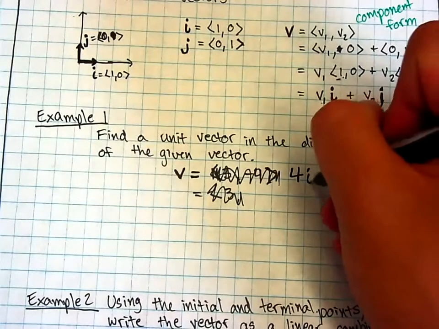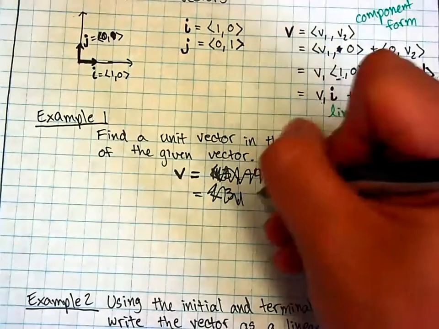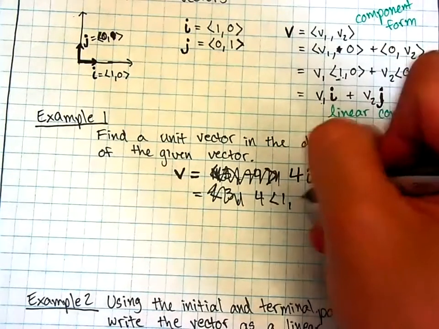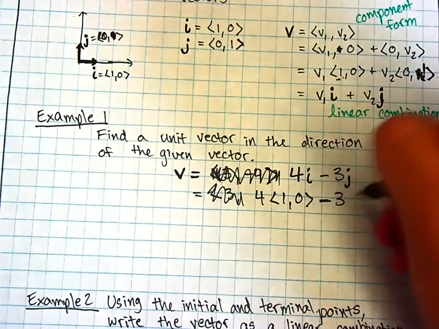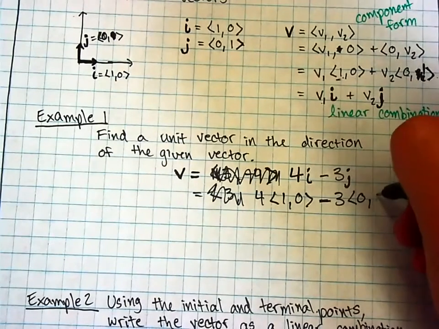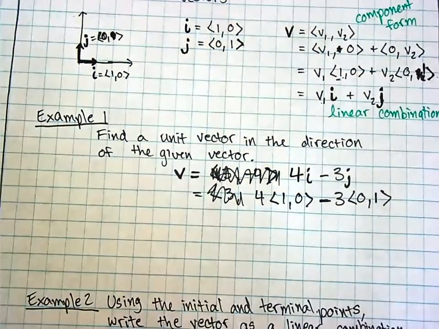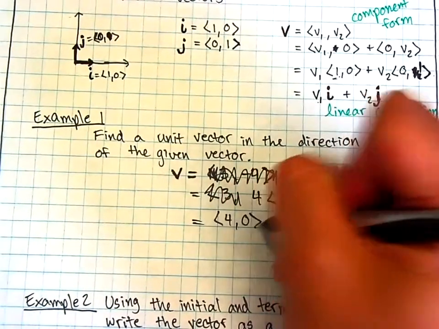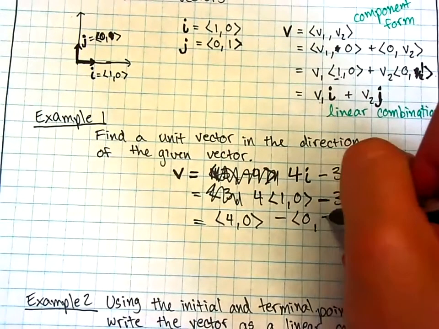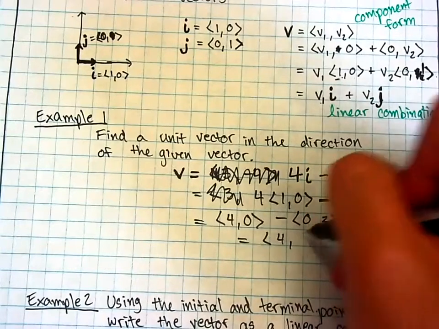So we're going to replace i, the horizontal unit vector, with the component <1, 0>, minus 3 times the vertical unit, so that's <0, 1>. From there, we're going to distribute. We get <4, 0> minus <0, 3>, and the component form of this vector will be <4, -3>.